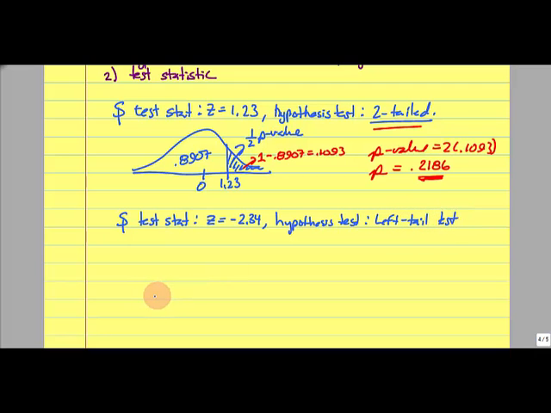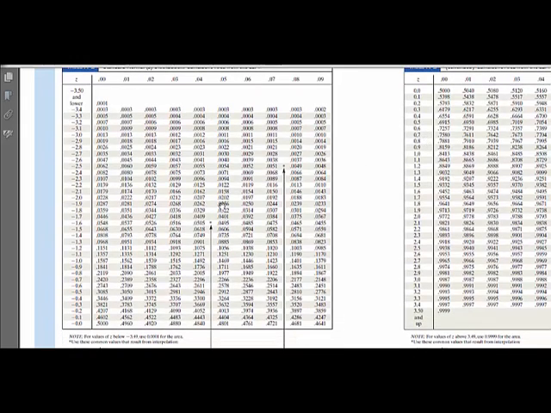Okay, so what we'll do to get started is we'll sketch a quick picture. Mean is 0. Here's negative 2.34. Now because it's the left tail, we're going to shade in the area to the left. So this is my p-value right here. I don't have to double it because it's only a single tail. So if I want to find this area, I could go to my normal tables and look up negative 2.34.